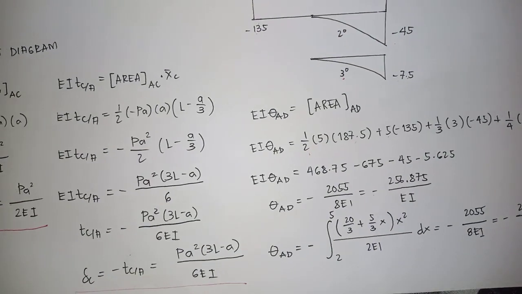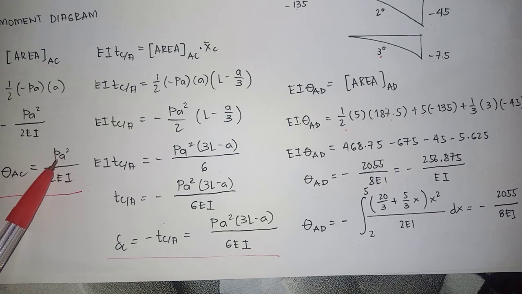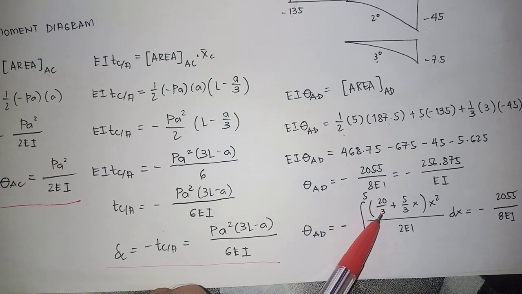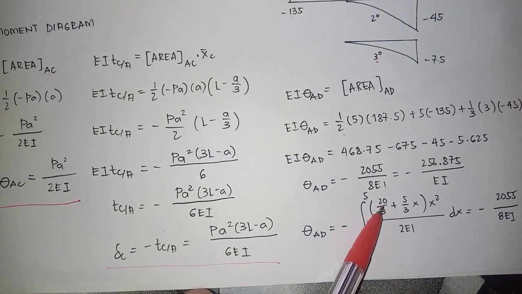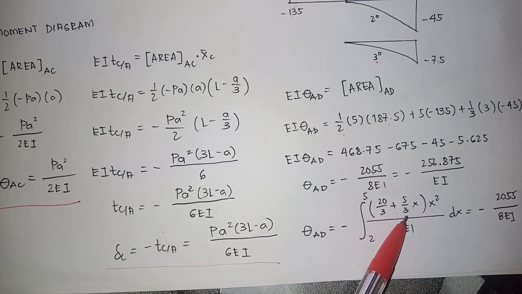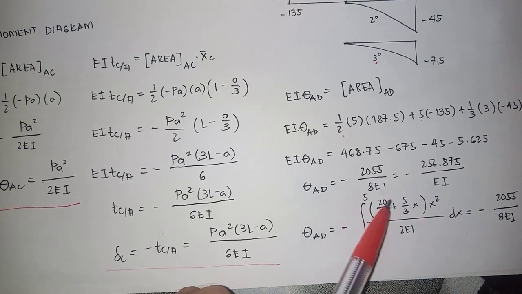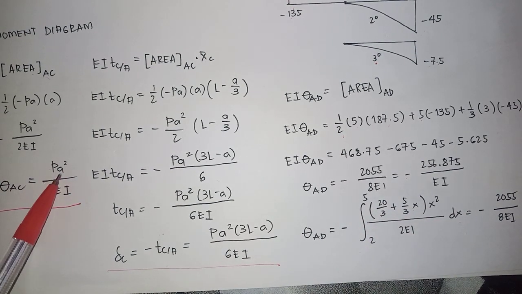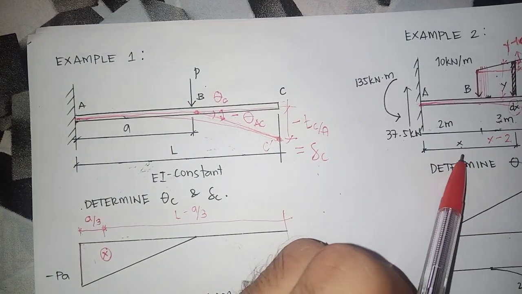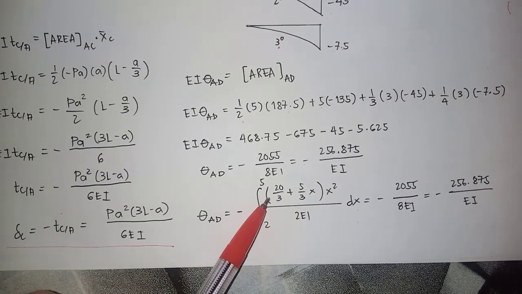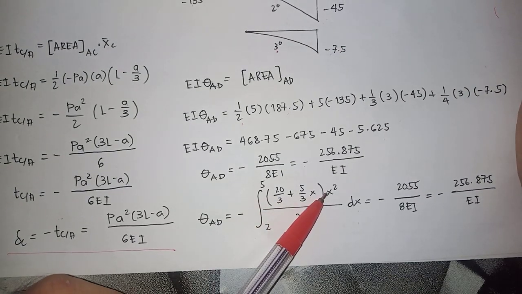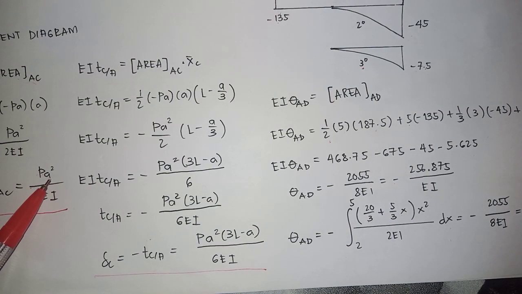Just remember our formula from earlier: Pa squared over 2EI, where P is y dx, in which y is in terms of x, 20 over 3 plus 5/3 of x. This is P, and a is x. So we have 20 over 3 plus 5/3 x times x squared.